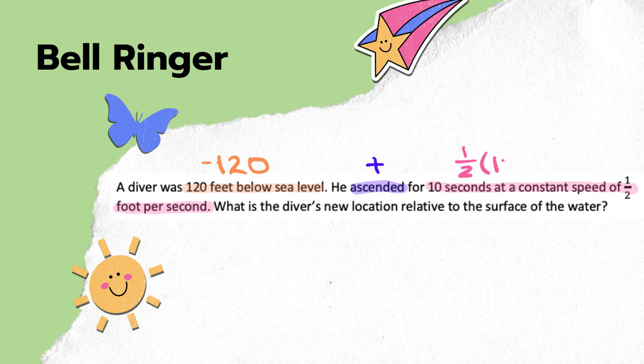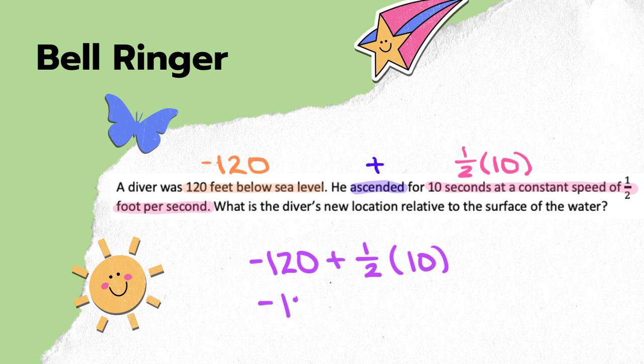Very good. Okay, so we have our expression that he starts at -120, and we're increasing it with our rate. Colby already told us that 1/2 of the 10 is 5. So if he starts at -120 and he ascends 5 feet, where is his new location?